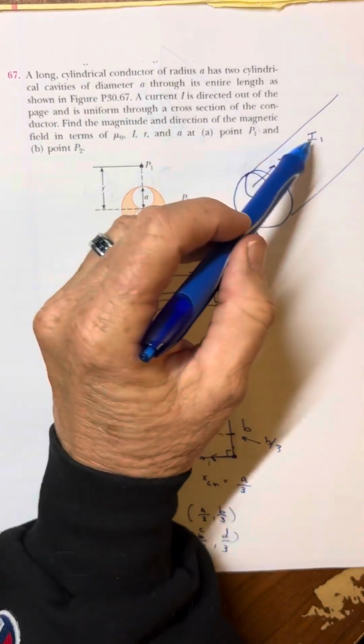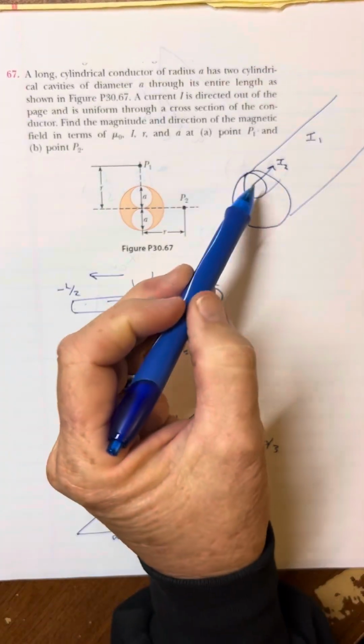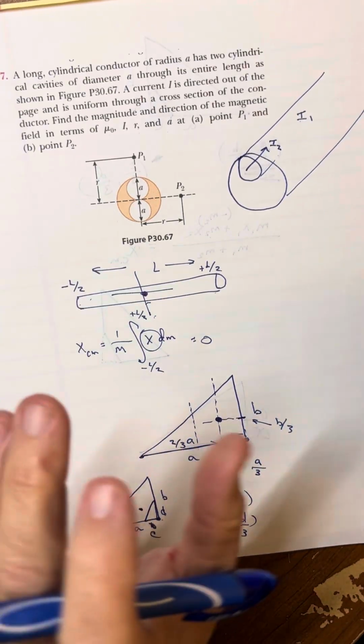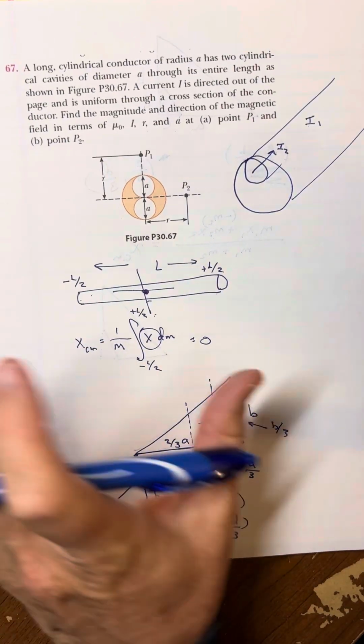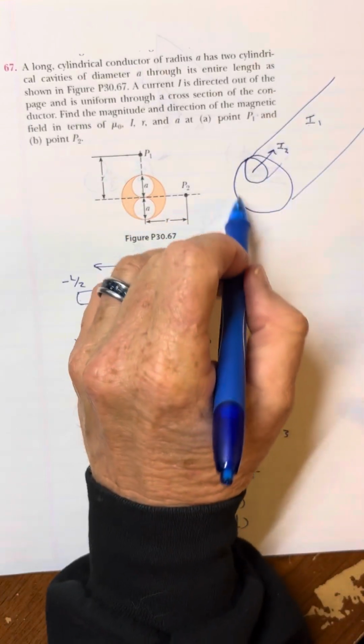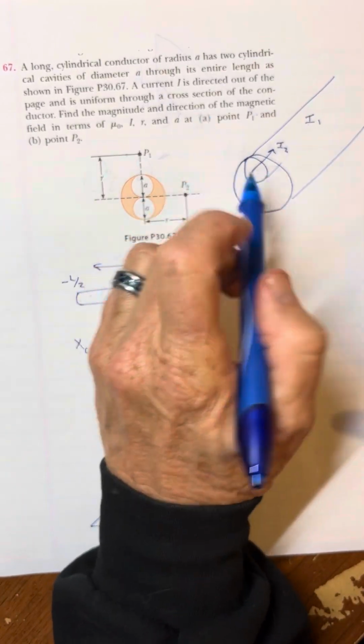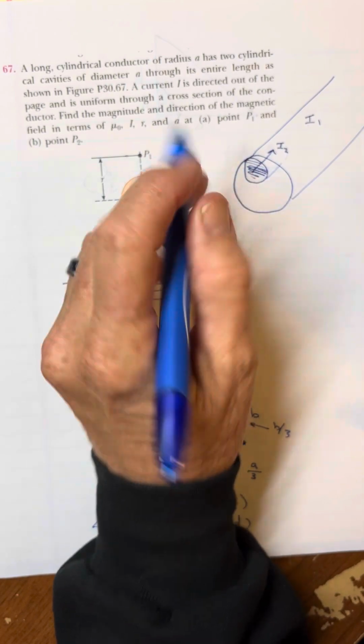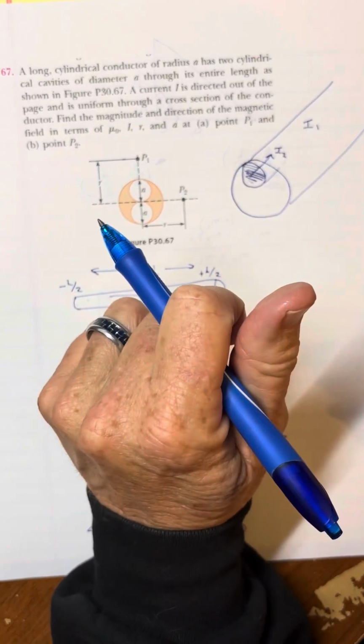Because if you have a current, I'll call this towards my left, and another current towards my right, and they're the same density, not the same amount, because remember, current 1 is spread out over a much bigger surface than this one. But if they have the same density, there would be 0 current in this spot.